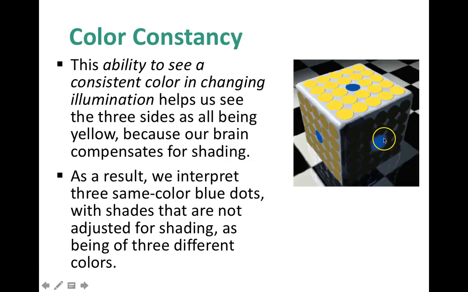And so as a result, when we're not making an adjustment for the blue dots as we are for the yellow dots, the same hue of blue looks much brighter here than it does here.